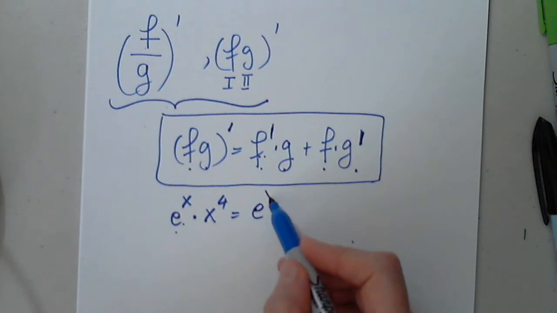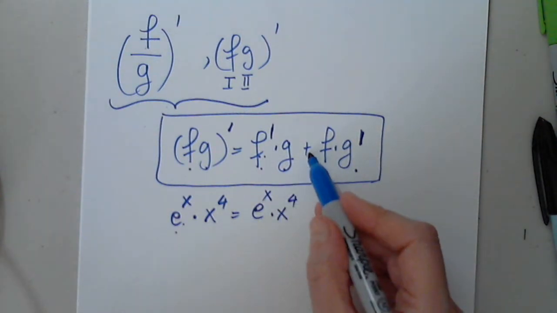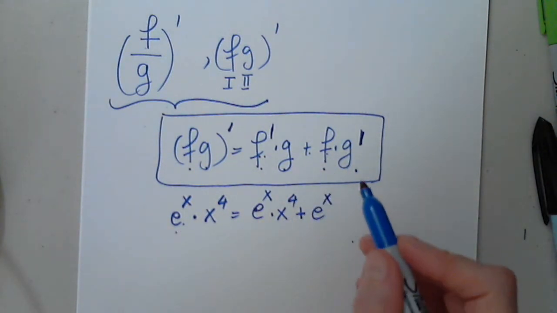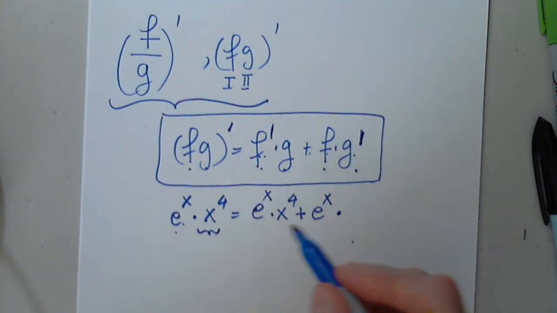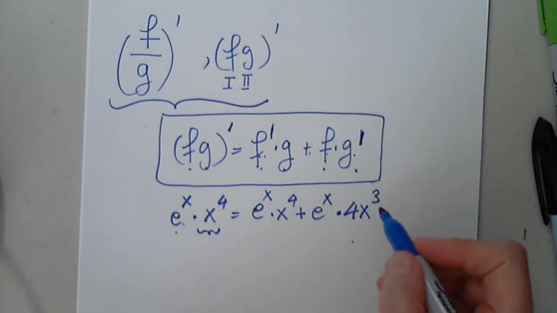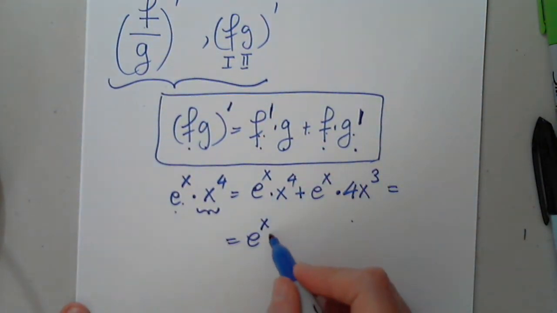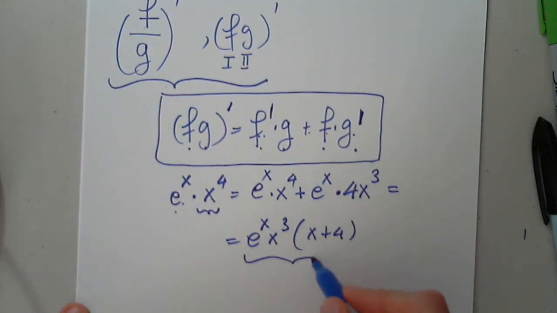E to the x. Perfect. Then I have to copy the second function. Then I reach plus. Then I have to copy the first function. And now I'm differentiating the second one. Can anyone give us the derivative of the second function? 4x cubed. And yes, I will factor out e to the x and x to the 3rd, and I have x plus 4. This is crucial for what follows after this chapter.